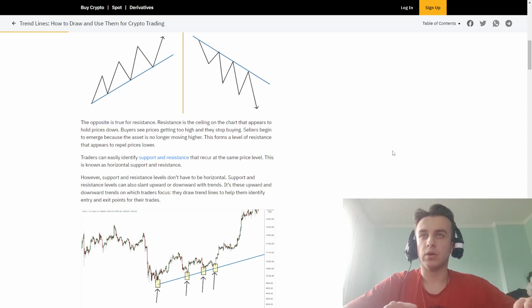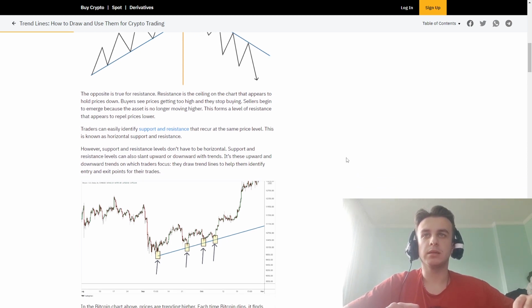The opposite is true for resistance. Resistance is the ceiling of the chart that operates to hold price down. The price gets too high and buyers stop buying. Sellers begin to emerge because it's no longer moving higher. This forms a level of resistance that appears to repel price lower.